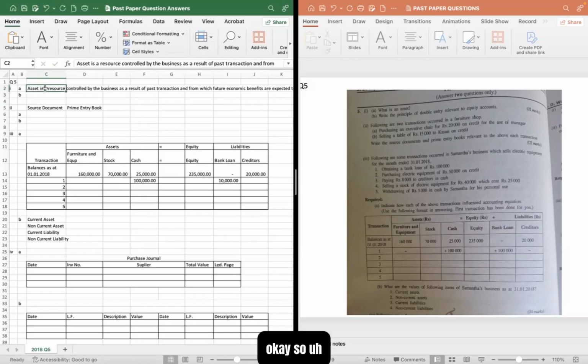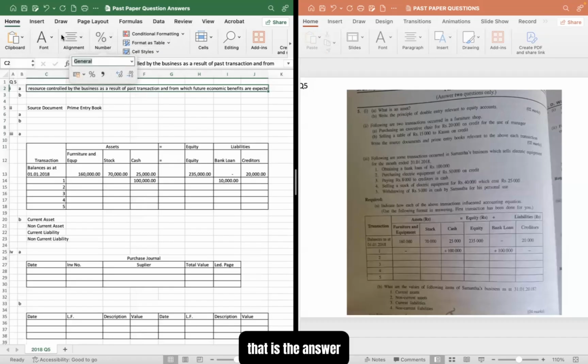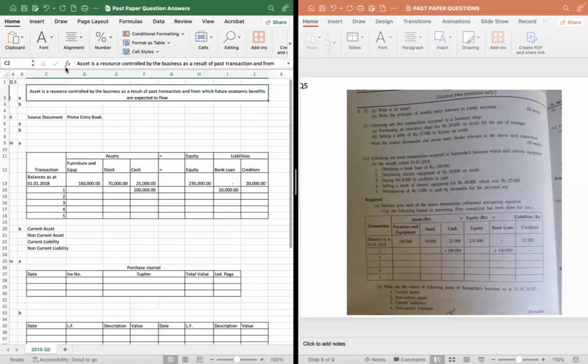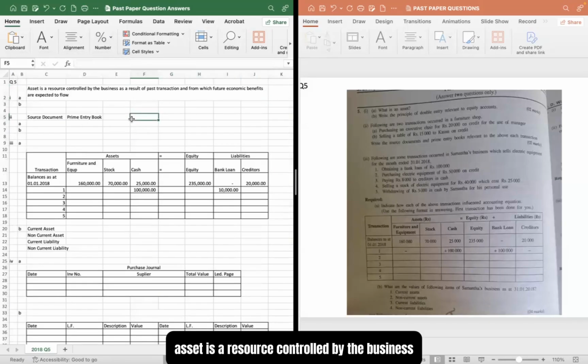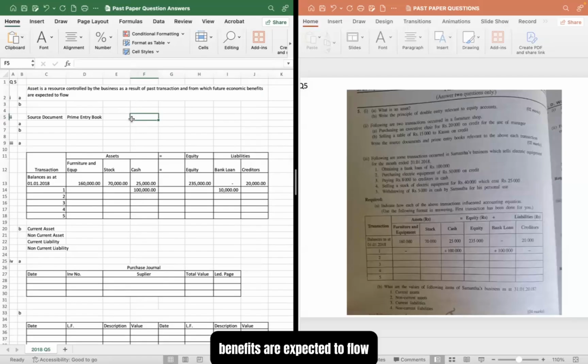Okay, so that is the answer. Asset is a resource controlled by the business as a result of past transaction and from which future economic benefits are expected to flow.